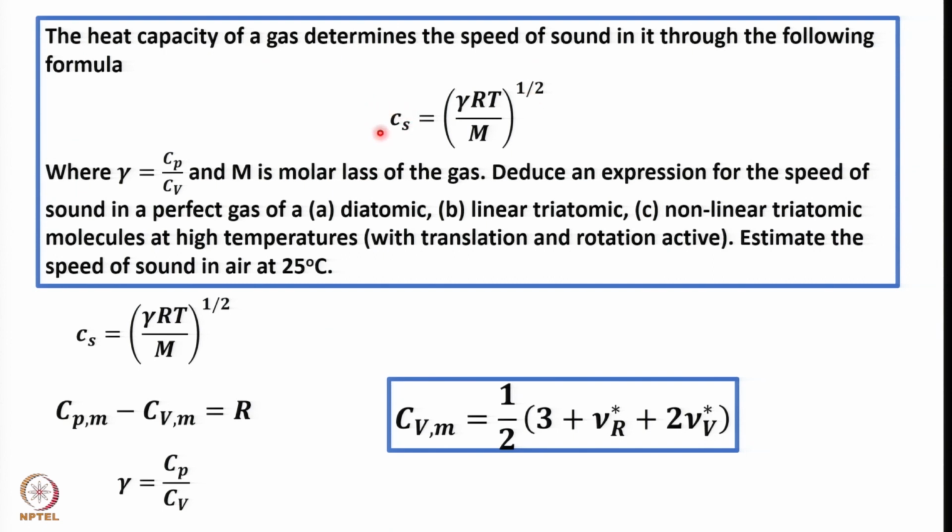Cs is the speed of sound, and the heat capacity determines it, that means in the given expression there should be something connected to heat capacity, and that is given to us: gamma is the ratio of Cp by Cv, m is the molar mass of the gas.